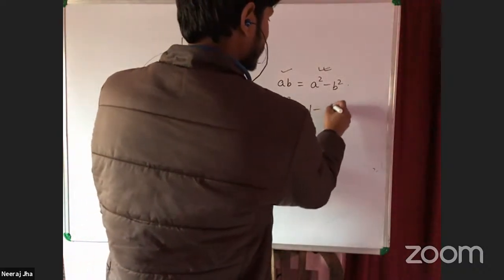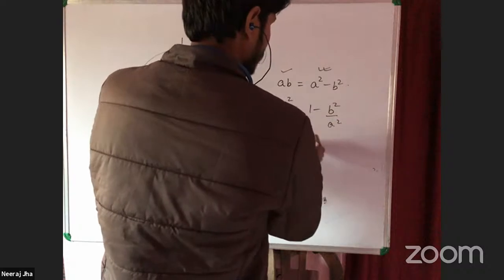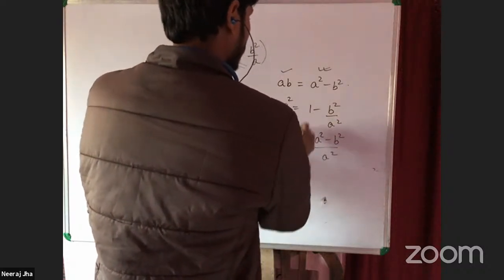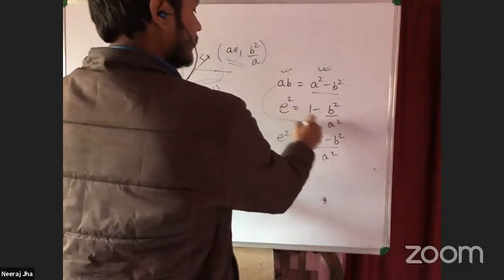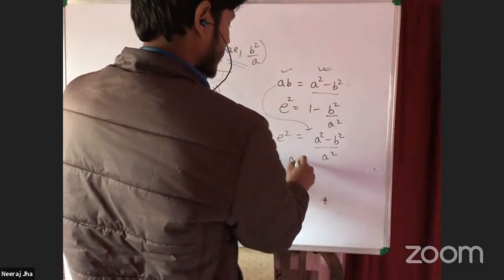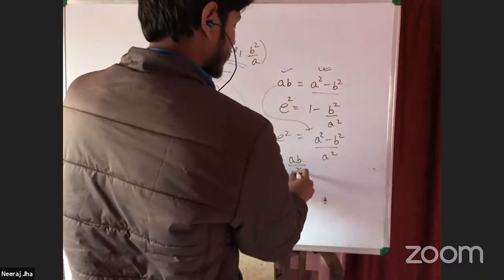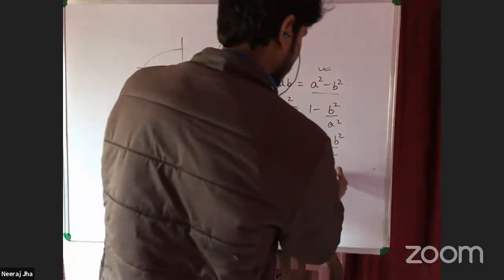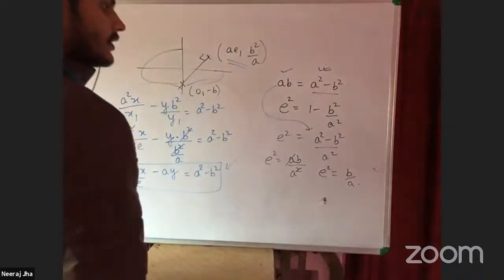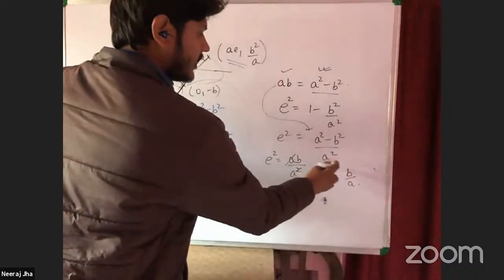So now please tell me what is eccentricity. Eccentricity squared is equal to 1 minus b square upon a square, which is equal to a square minus b square upon a square. Please tell me what is a square minus b square. That is ab. So e square is equal to ab upon a square. A and a is cancelled. So e square is equal to b upon a.